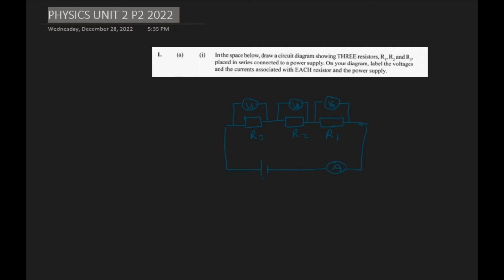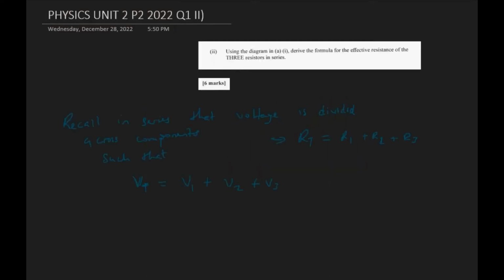With that being said, we now need to recall what we know as it relates to Ohm's law, because Ohm's law ties in this formula that says voltage is equal to I R. As a matter of fact, the total voltage provided by the power supply is equal to the total current, IT, times RT, which is the total resistance.